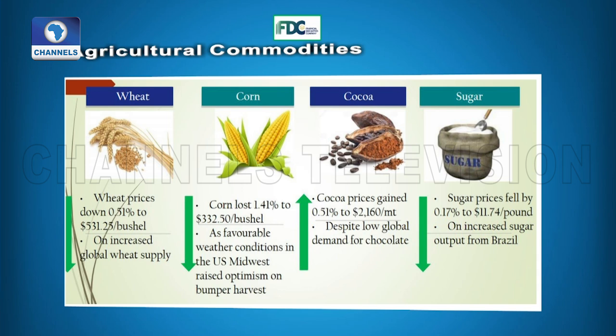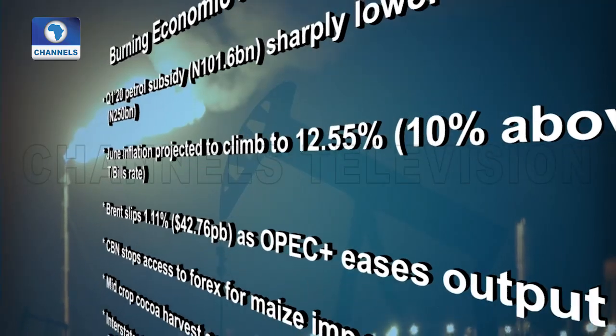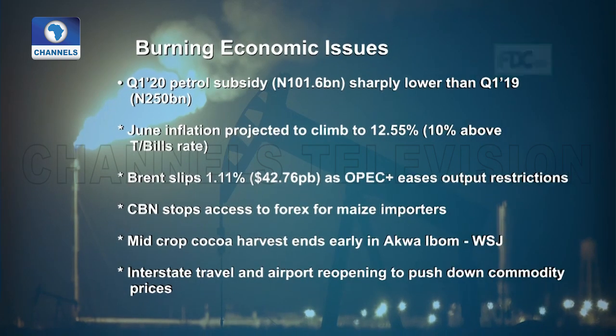Now, on your burning economic issues, of course, one of it says mid-crop cocoa harvest ends early in Akwa Ibom. Tell me about it. Yeah, what we see is that when you take away the southwestern states that are known for cocoa production, Akwa Ibom also ranks top in cocoa production in Nigeria. And the reports we read were that in Akwa Ibom, the harvest has had to be stopped abruptly, right?